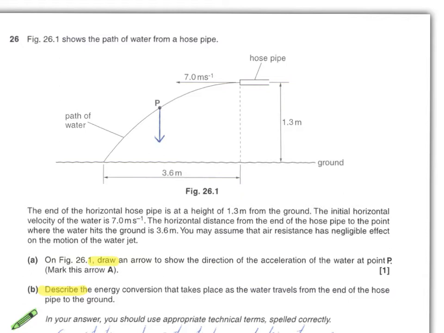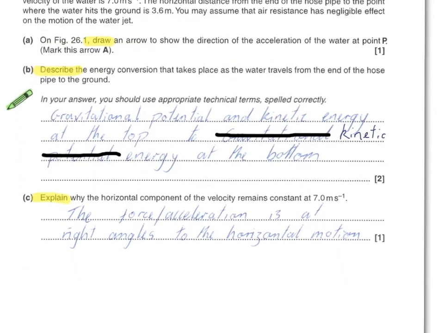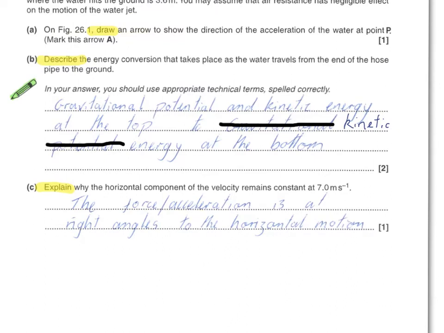So because it's at 90 degrees to that horizontal component, it's not going to affect that horizontal component. Of course it's going to add in an ever increasing vertical component to velocity as well, but the question was about why it has no impact on the horizontal. So the force, the acceleration, is at right angles to that horizontal motion, which is why you remain at 7 meters per second.